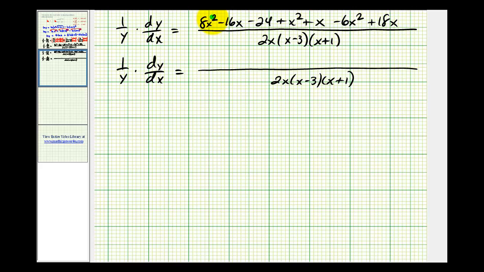Here we have an x squared term, an x squared term, and an x squared term. So we'll have 9x squared minus 6x squared, that's 3x squared. Now let's look at our x terms. We have negative 16x plus x plus 18x, that's going to be plus 3x.